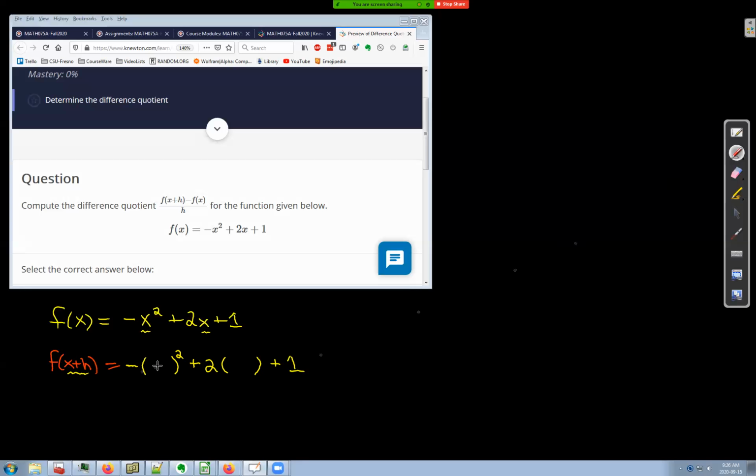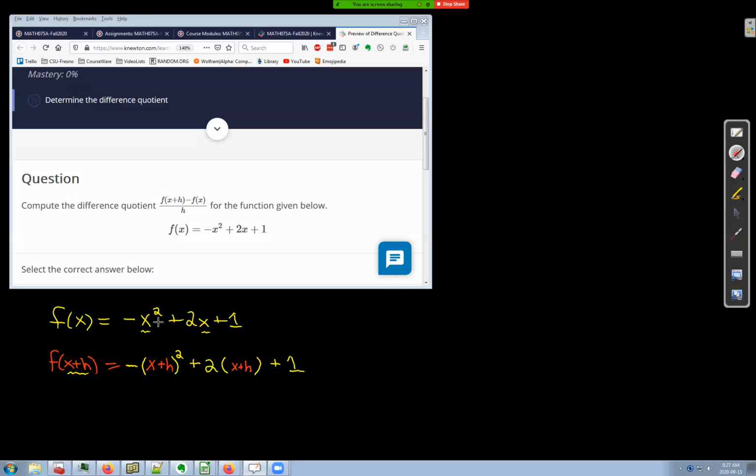So this is the schematic for the function f. And now what I fill in those parentheses with is x plus h. So x plus h goes there and x plus h goes there.